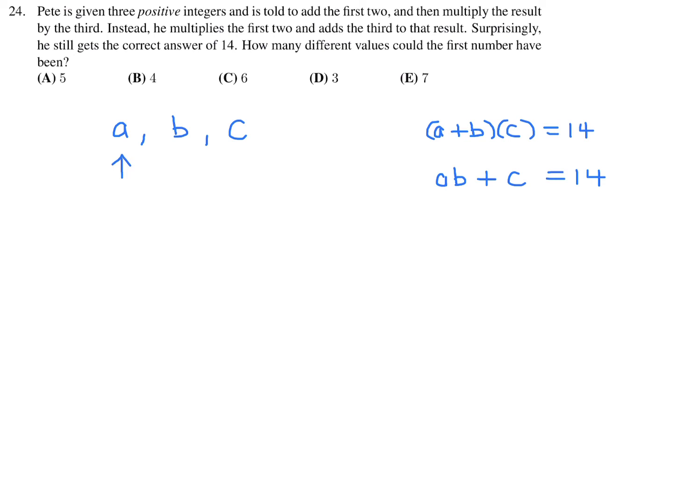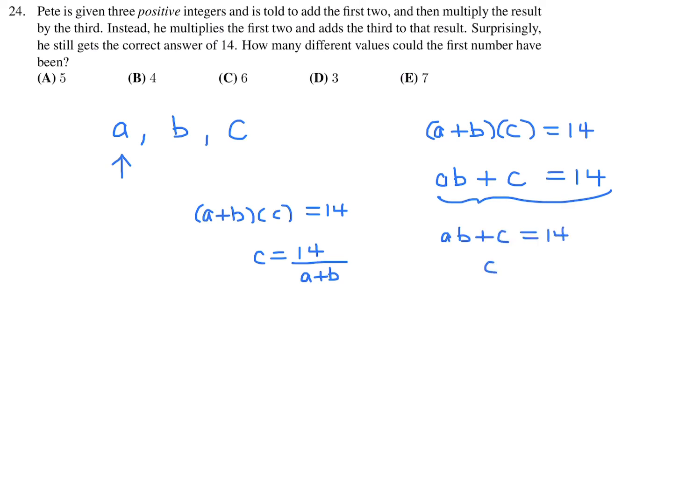All right, let's work with this here. From the first equation, I've got (a plus b) times c is 14. So c would be 14 over (a plus b). From the second equation, I've got ab plus c is equal to 14. So that means c is equal to 14 minus ab.